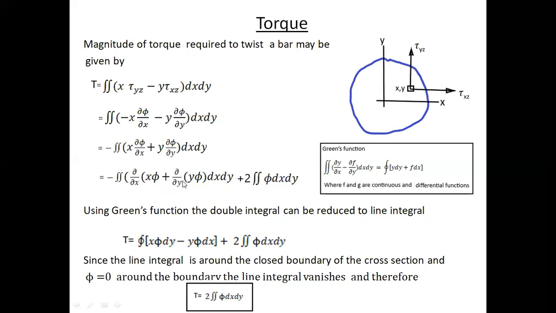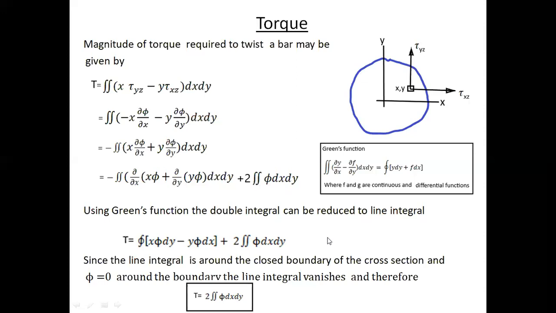And here again, the same way, you get y del phi by del y plus phi. So you've got 2 outside, and we get 2 integral phi dx dy. So now we have the double integral split into two terms.